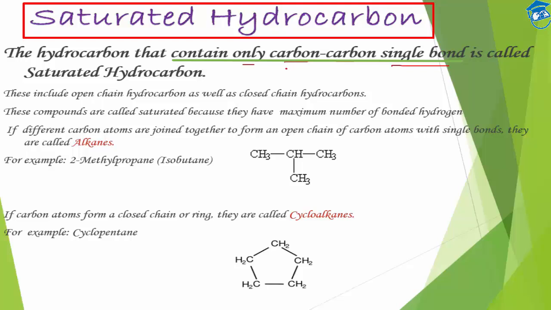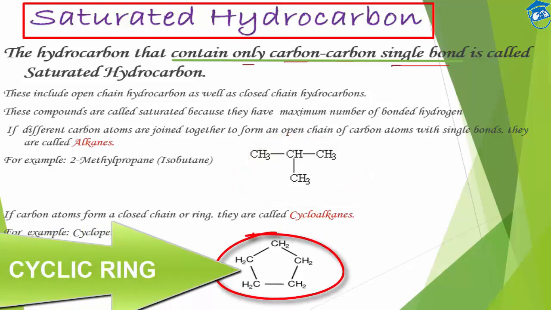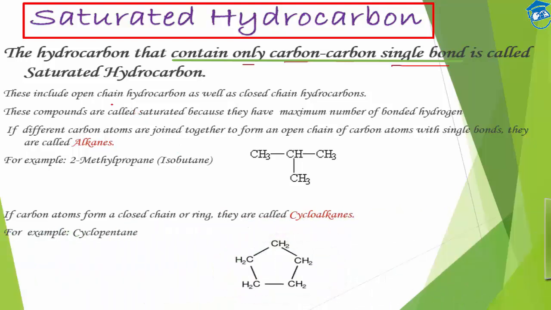The single bonds can be as open chain, or they can be as cyclic ring. So we again classify them as open chain hydrocarbons or closed chain hydrocarbons.